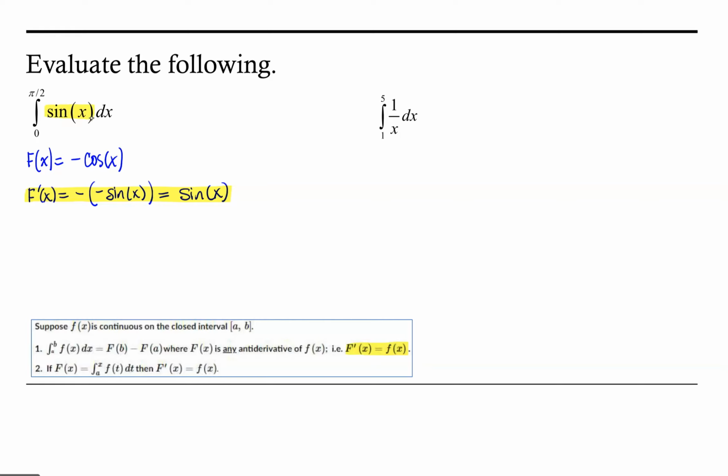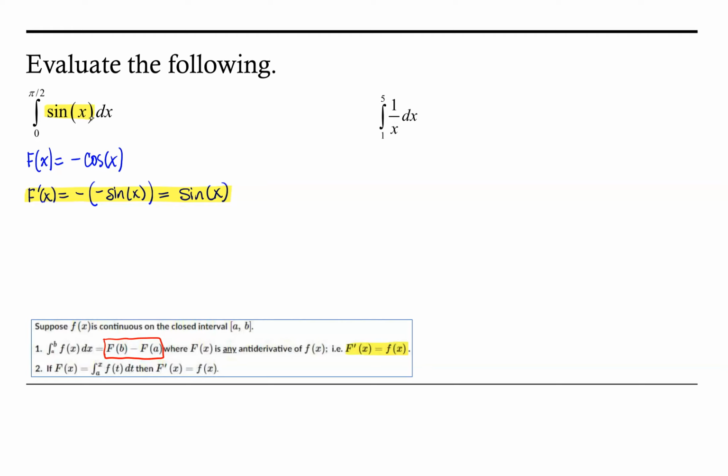So now to finish evaluating this, I need to evaluate capital F at my upper limit of integration and then subtract the antiderivative at my lower limit of integration. So this is often written this way.